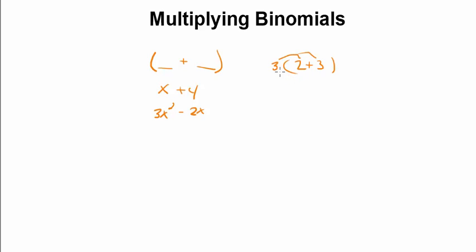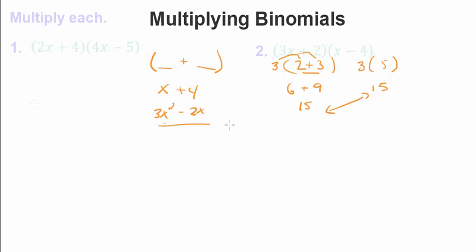So in other words, you can take 3 times 2 to get 6 as a product, 3 times 3 to get 9 as a product, and add that, find the sum, which would result in 15. This is the same as simplifying the sum first, so that would be 3 times 5, which would still give you a product of 15. So these would be the same. That's the distributive property, and this is a binomial, and we're going to combine those two ideas into multiplying binomials.